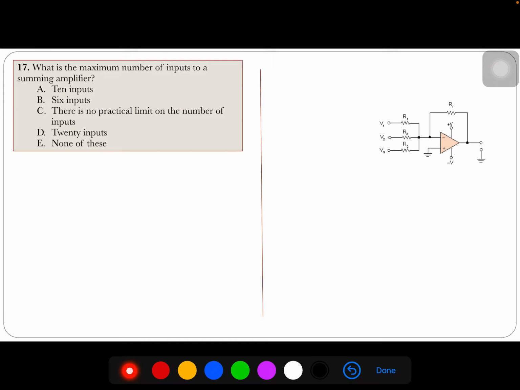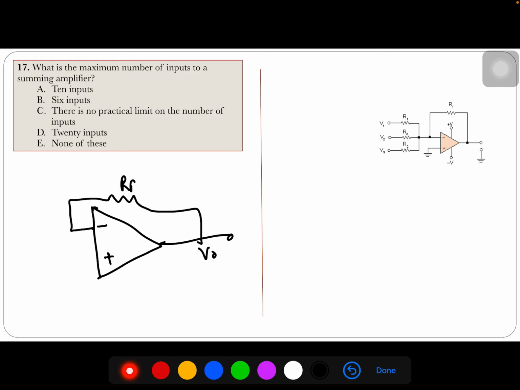Next question. What is the maximum number of inputs to a summing amplifier? I told you in one of the previous questions of adder or summing amplifiers that you can add as many inputs you want and all the inputs will be applied to the inverting end. I showed you this diagram. Negative feedback will remain as it is.